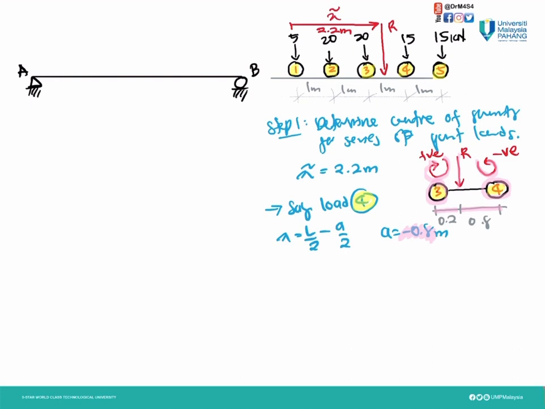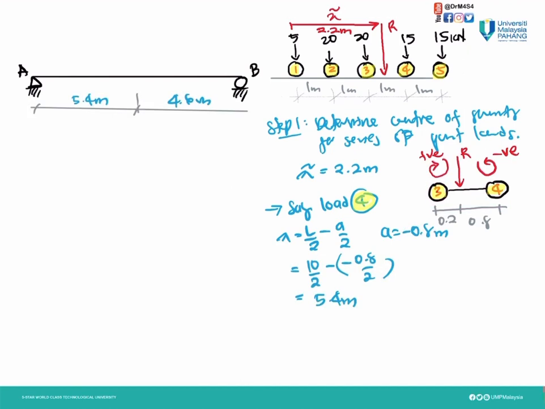So our a is negative 0.8 meter. Substituting a into our x, we get our x value is 5.4 meter. Therefore here is 5.4 meter, and the balance of that is 10 minus 5.4, we get 4.6.